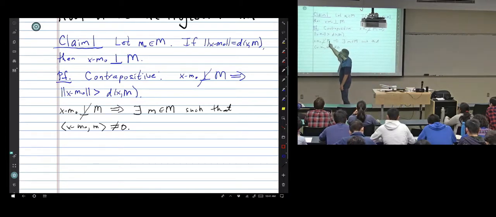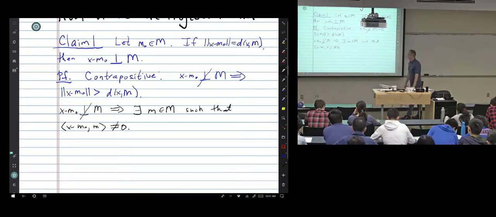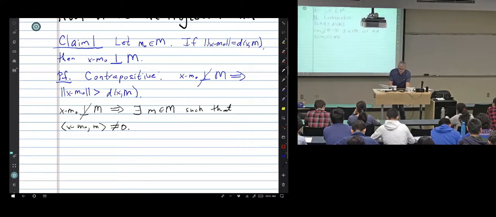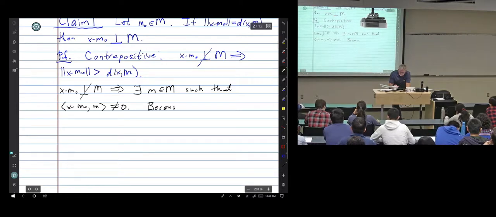Orthogonal means every point in here has inner product with this equal to 0, so there must exist at least one point such that this has failed. Now, let's note that we can assume that m has norm 1.